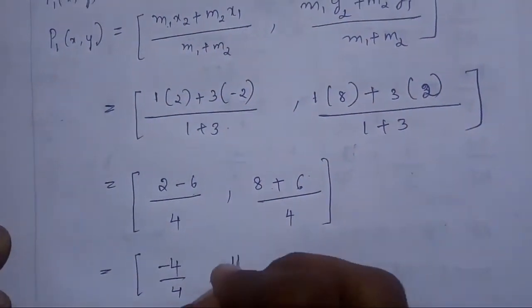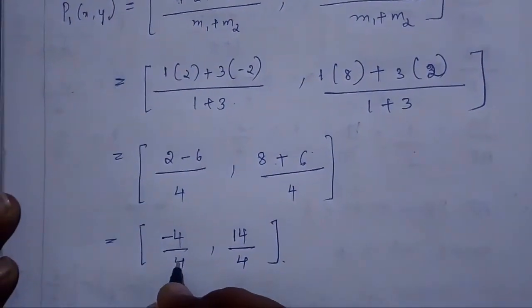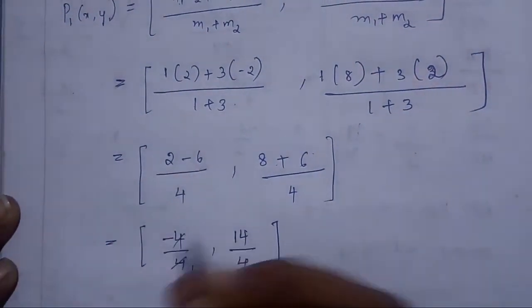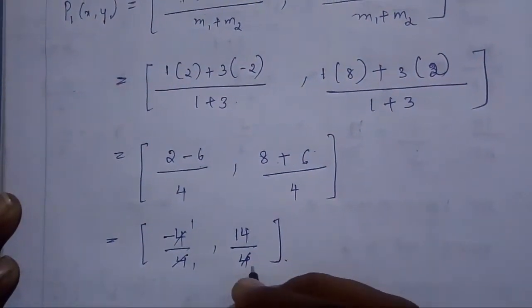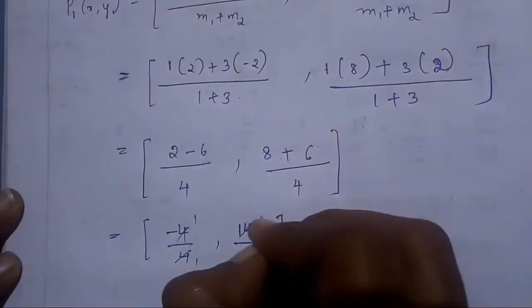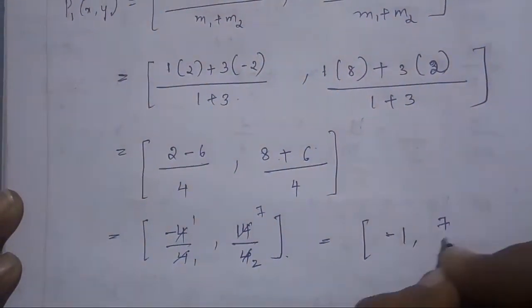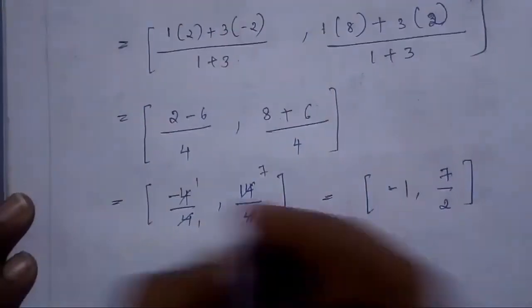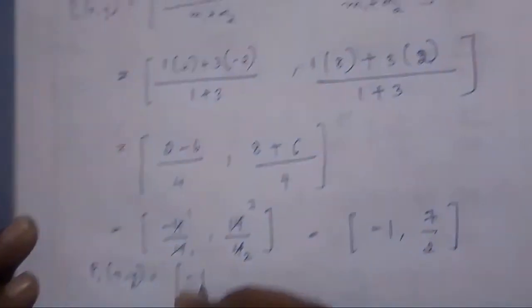We can simplify this in the table 2. That is 4 ones are 4. Now it is 2 twos are 2 sevens. That is minus 1, 7 by 2. That is P1 of x, y is equal to minus 1, 7 by 2.